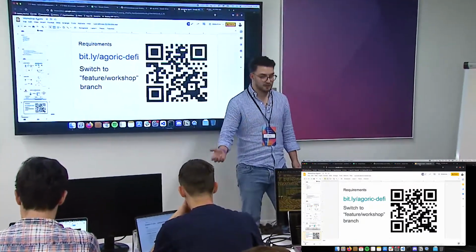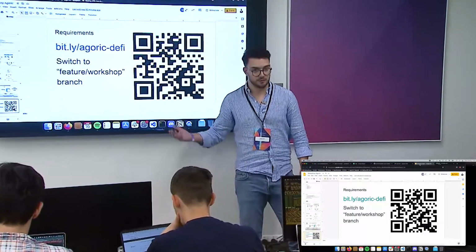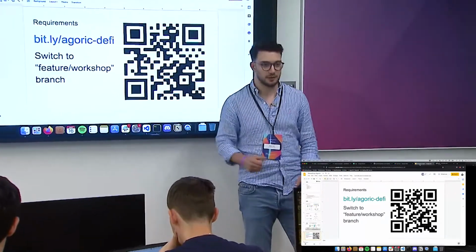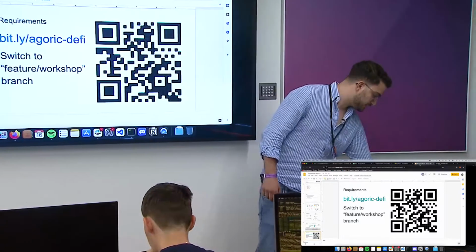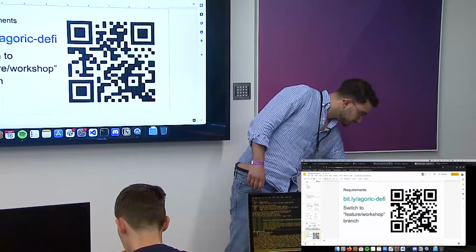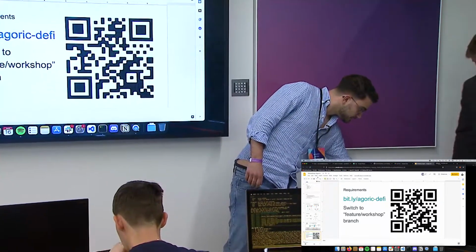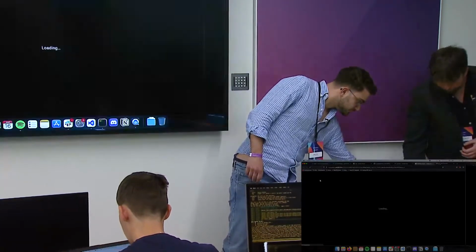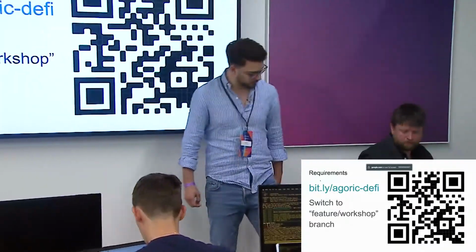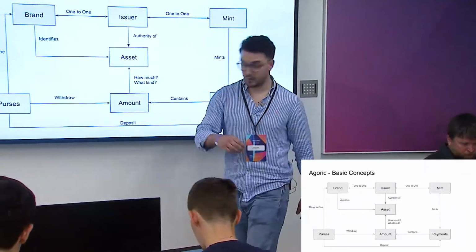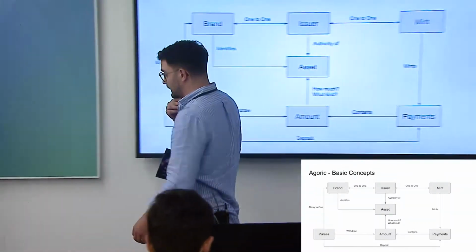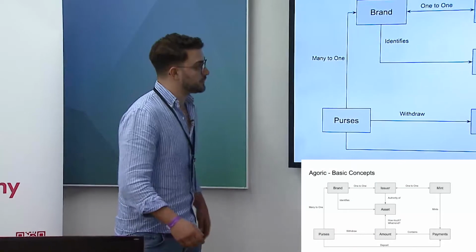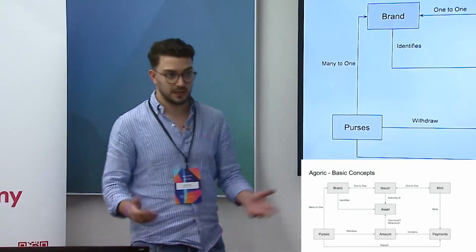some basic Agoric concepts that you will probably hear a lot, especially when we interact with the code. Okay, so first, here we always hear about and talk about digital assets, right?